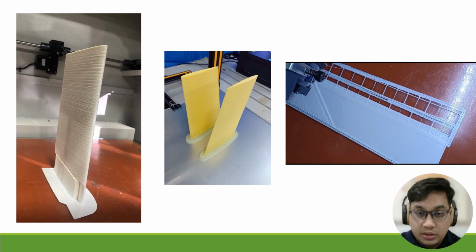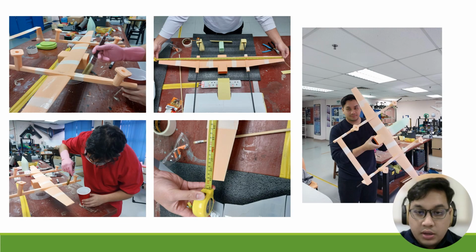Essentially, these are pictures of the early stages of the 3D printing process, where you can see it's not that good of a surface, and this is further improved upon until we get our finished product. So this is what the prototype looks like after it's been freshly 3D printed and assembled.